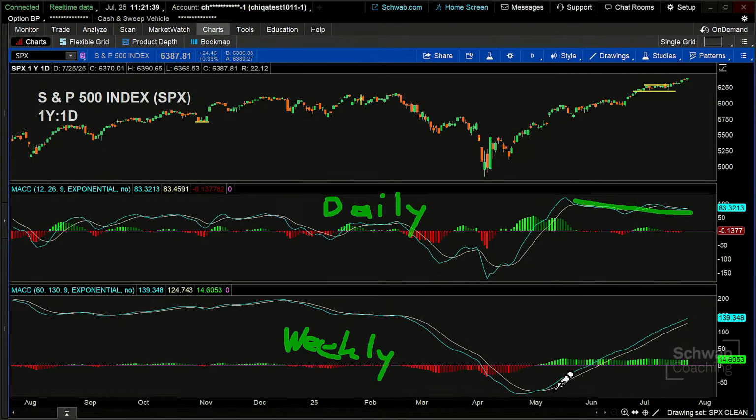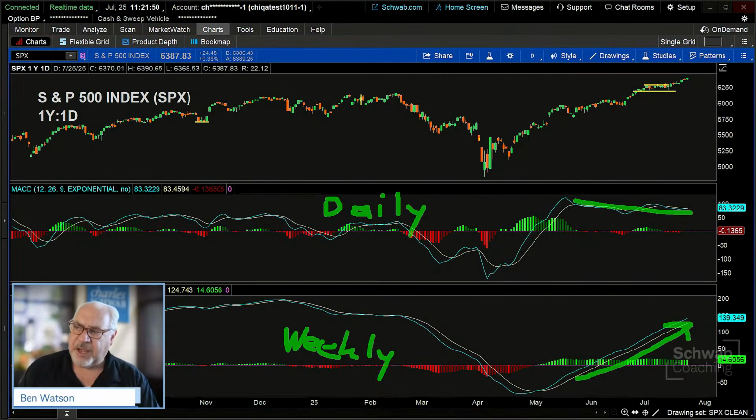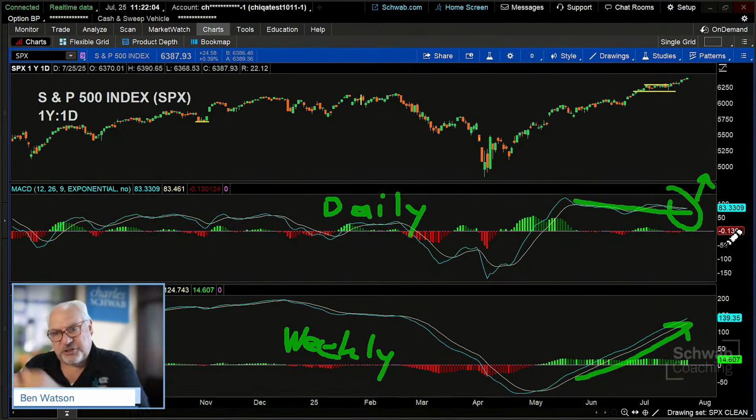And so when I get a breakout of that range, that might be an indication that the daily momentum is increasing and the weekly momentum is increasing. And that might be an entry signal. So when we start to see this crossing over and breaking out, or we get an entry signal on that daily MACD, that might give us an indication that we've got a confirmed bullish move going on.